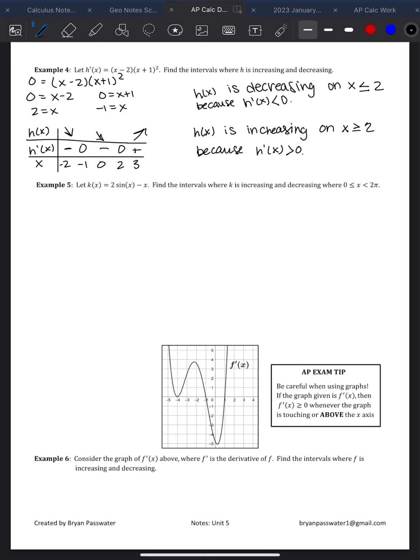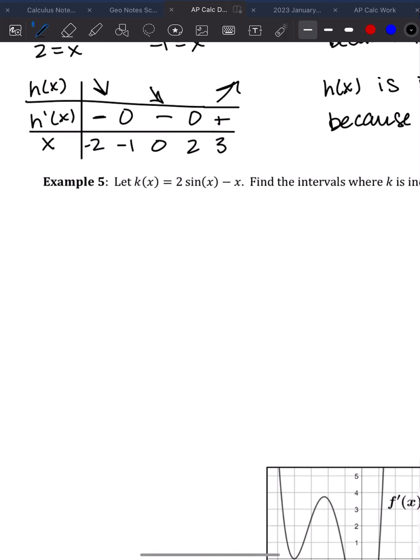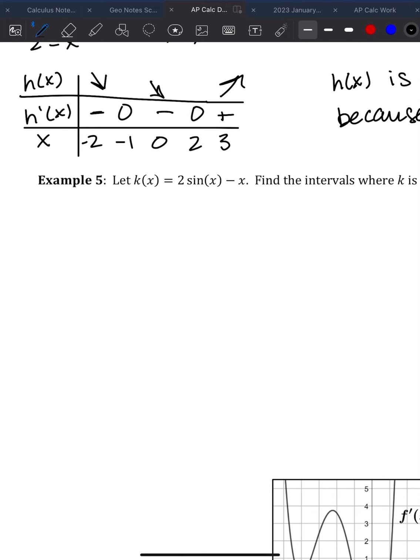Okay, let k of x equal 2 times sine of x minus x. Find the intervals where k is increasing and decreasing when we're between 0 and 2 pi. So just like before, we need to find k prime.